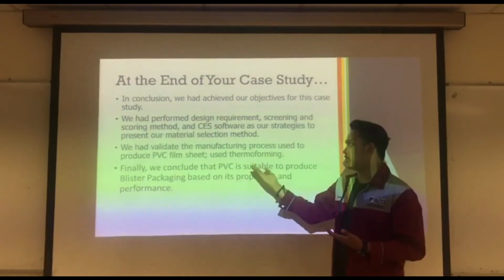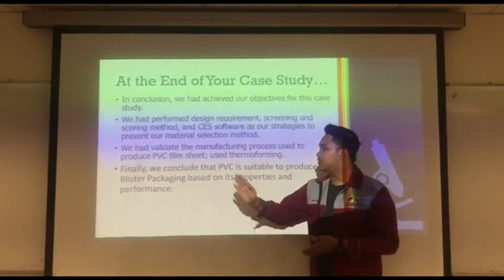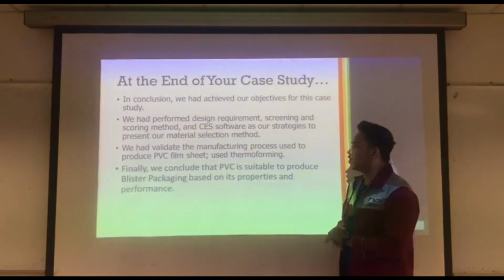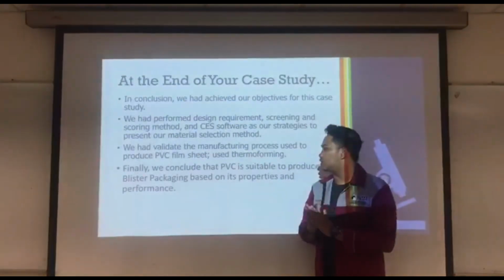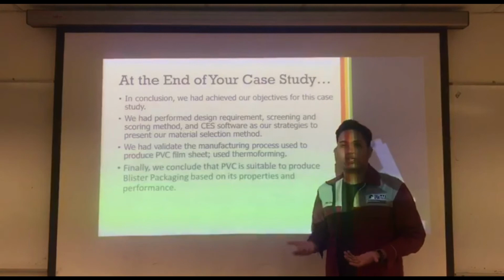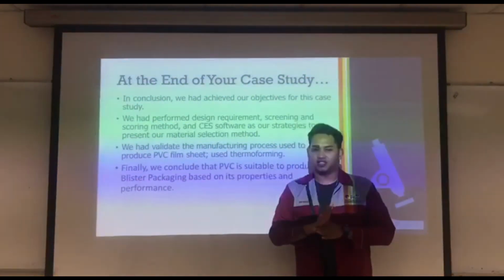We have validated the manufacturing process used to produce PVC film sheet, using thermoforming. And lastly, finally, we conclude that PVC is suitable to produce blister packaging based on its properties and performance. So that is for us. Thank you.